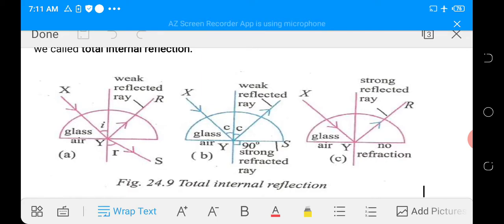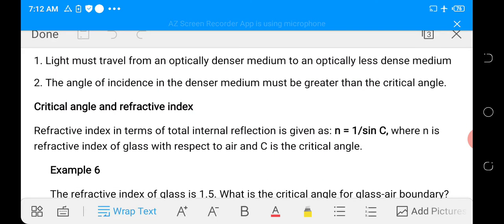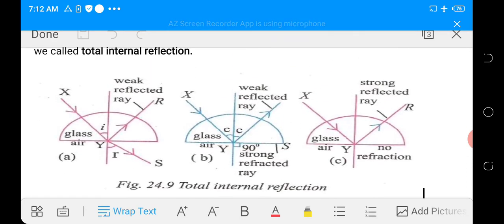The angle the incident ray makes with the normal is the angle of incidence i, while the angle the refracted ray makes with the normal is the angle of refraction. Now if we increase the angle of incidence gradually, we discover that the angle of refraction will also increase gradually.